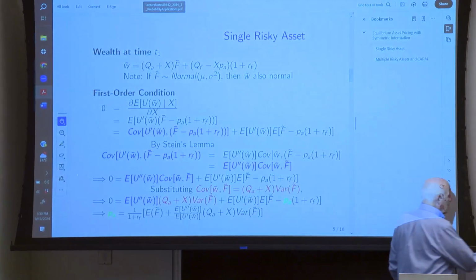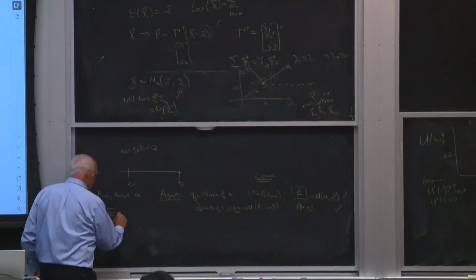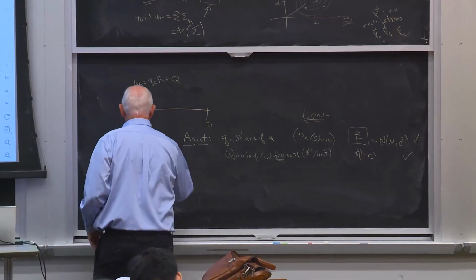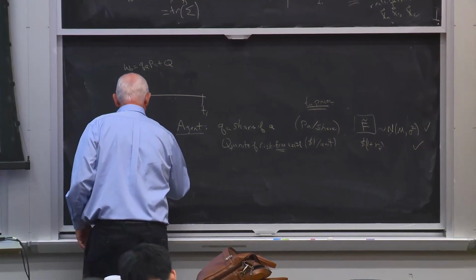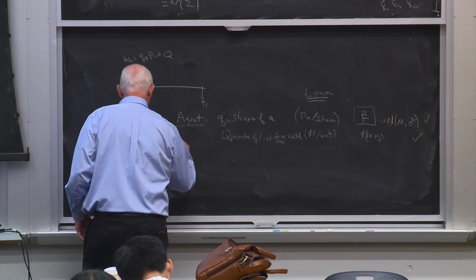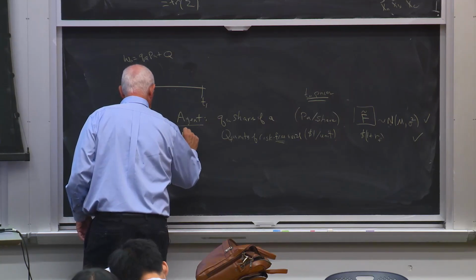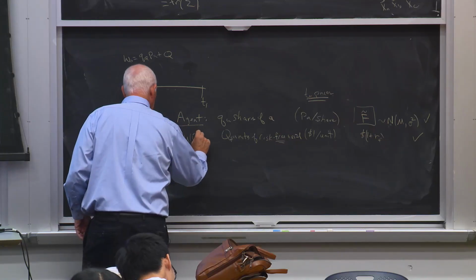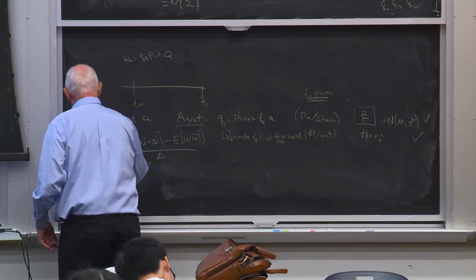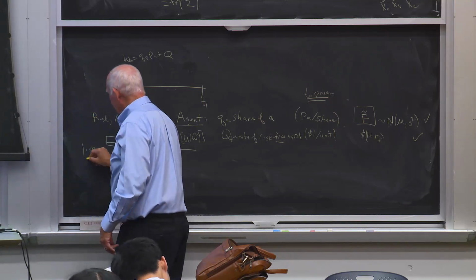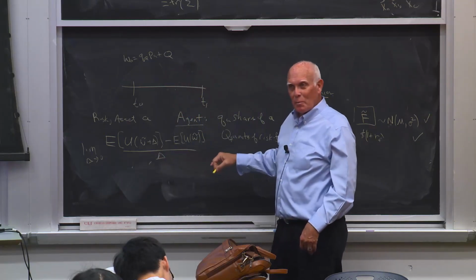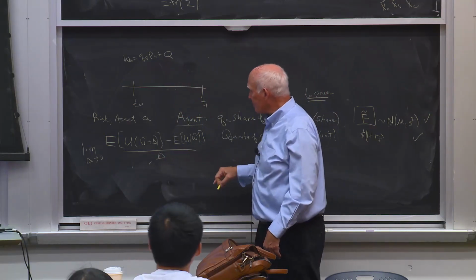I mean, basically what we want to do is take the expected value of u of w tilde plus delta and subtract the expectation of u of w tilde and divide by delta and take the limit as this goes to 0. So that's the formula for computing the derivative.